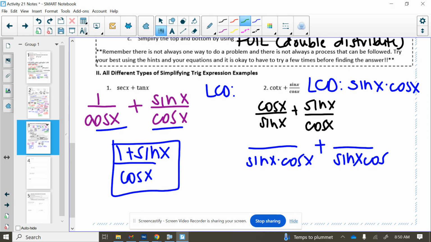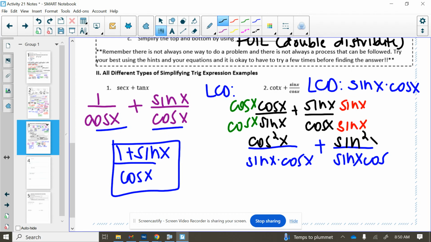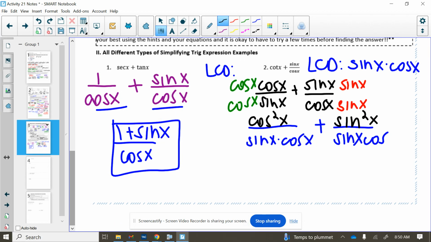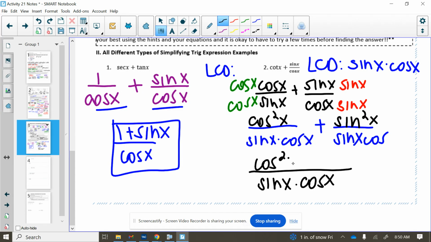The first one, we would have to multiply top and bottom by a cosine of x, because then that would give us the common denominator. The second one, we already have a cosine, but they would need a sine of x for each. So cosine times cosine would be cosine squared. Sine times sine is sine squared. And now we have that common denominator so that we can rewrite this as one singular fraction, cosine squared plus sine squared as our numerator.